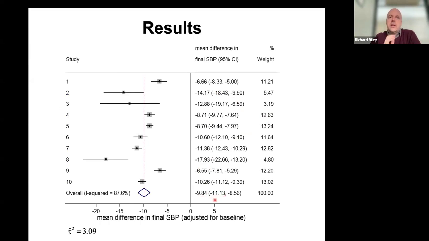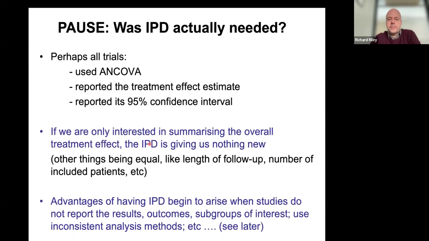Strong evidence that antihypertensive treatment reduces blood pressure compared to control, as we would expect. Lots of heterogeneity, tau is about square root of 3. We can see that in some studies, they're very different than other studies. But clearly, they're all below 0. So even though there's heterogeneity, there's strong evidence that it's likely to be beneficial everywhere.